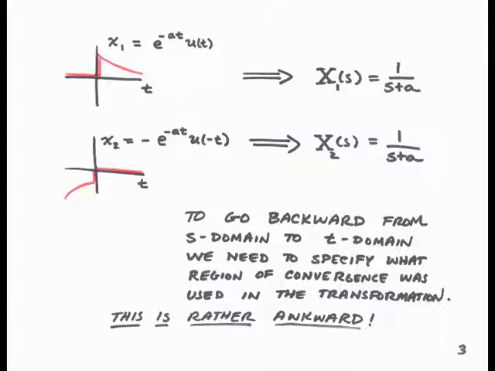If given the Laplace transform signal 1 over s plus a, we would not know how to uniquely go back to the original signal. Would it be x1 or would it be x2? Only by specifying the region of convergence in addition to the x of s would we be able to uniquely go back to x of t.